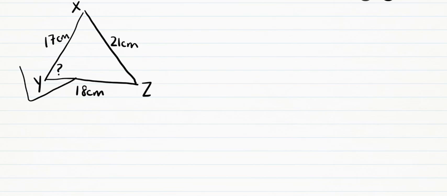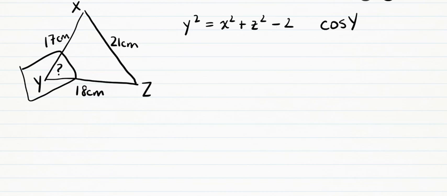Because we are trying to solve for angle y, we're going to use the version of cosine law that includes cosine y at the end of it. So if we're using that version of cosine law, then we need y squared to be on the other side of the equation. So then we fill in the other two sides, which is x and z. So we get x squared plus z squared minus 2 times x times z times cosine y.